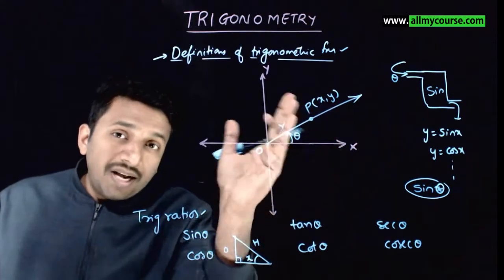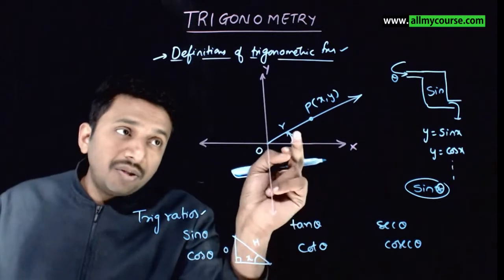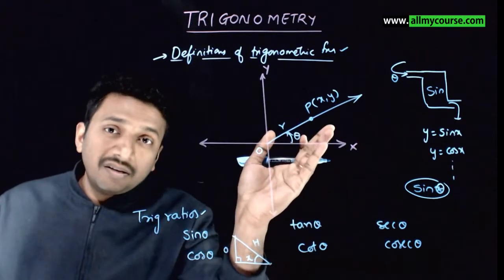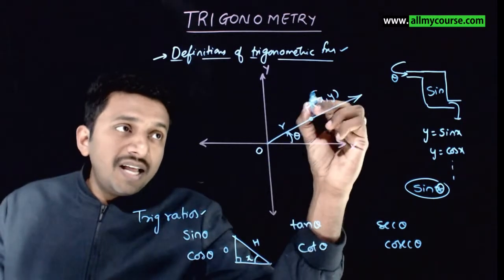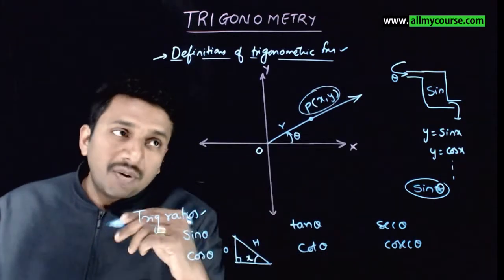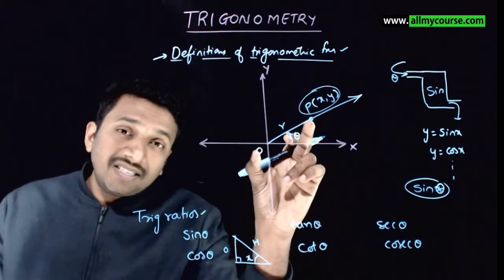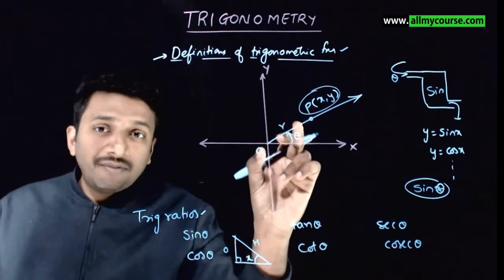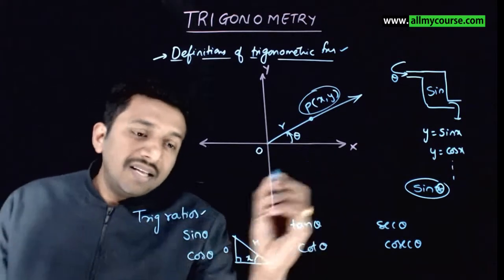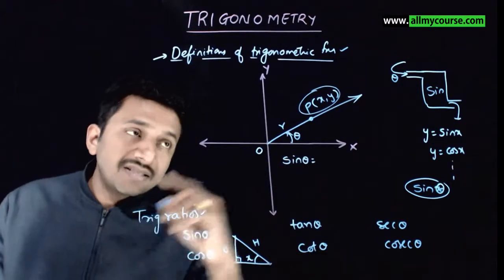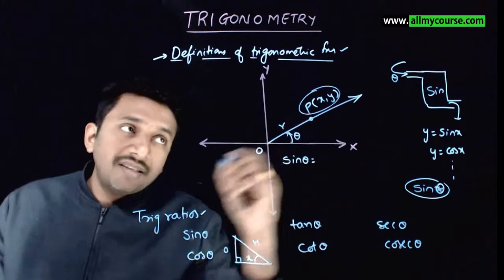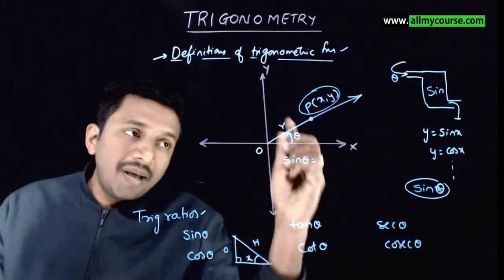Let us rotate the initial ray through an angle of theta degrees, and you get the terminal ray. On this terminal ray, take any point P, x comma y, and the distance of this point P from origin is r. Then sin theta is defined as y by r, that is the y coordinate of this point by r.